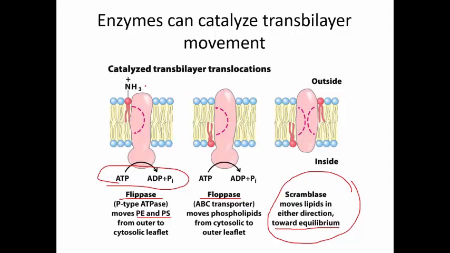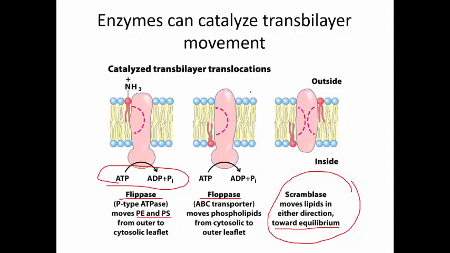So this can move phosphatidylethanolamine. Even if there's already more phosphatidylethanolamine on the inside, it can move it from the outside to the inside. Floppase being a little bit more nonspecific, you could see why you might need that, right? All of the lipids that you're going to make for your lipid bilayer are going to be made inside the cell. You have to get them outside somehow, right?